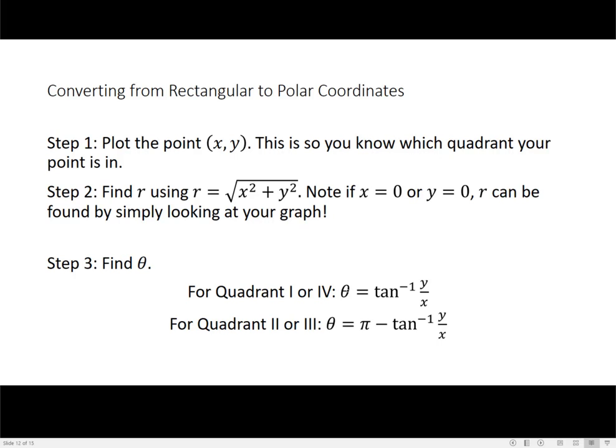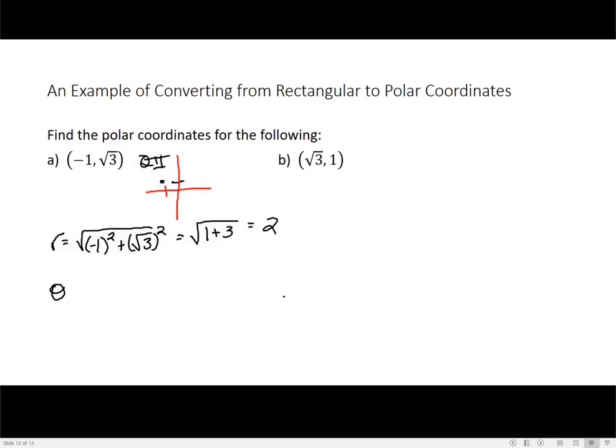So pi minus tangent inverse of y over x, that is root 3 over -1. We get theta equals pi minus tangent inverse of negative root 3. I know I have it written a little bit weird there.